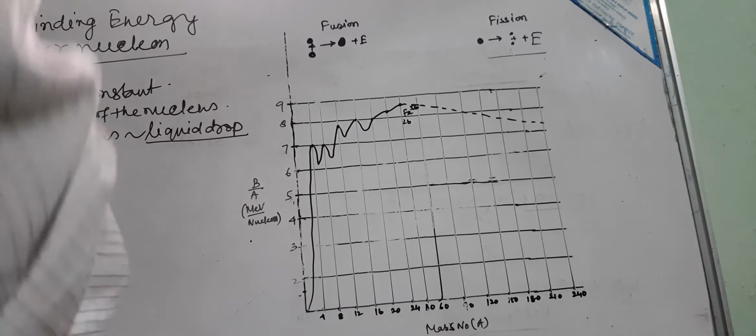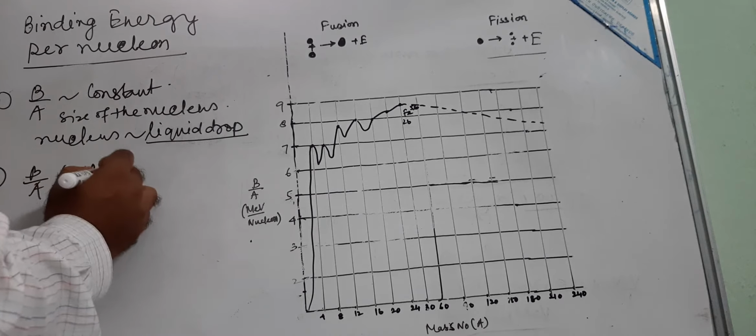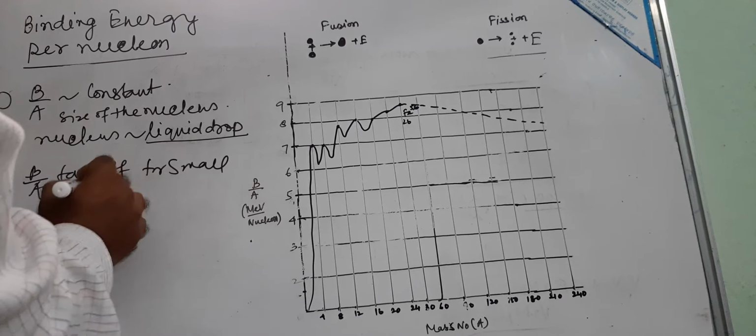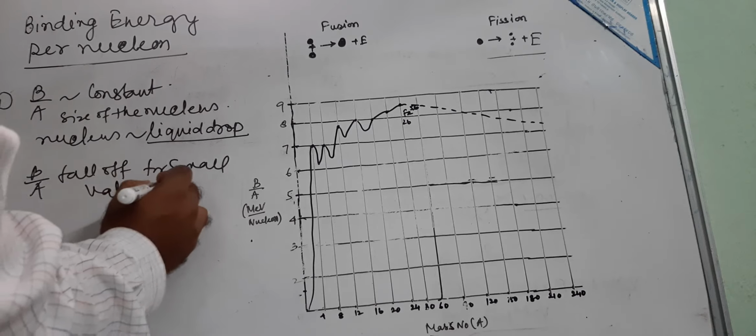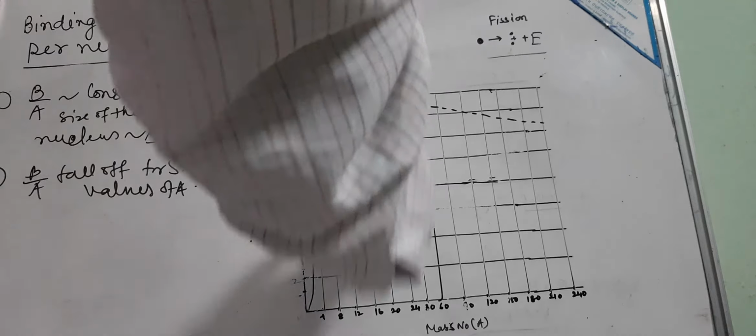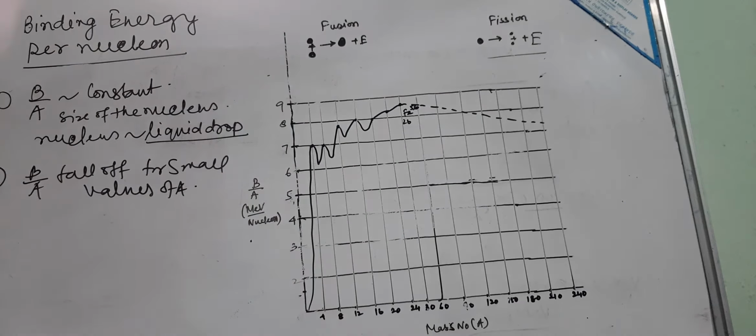So the binding energy per nucleon falls off for small values of A. These are the light nuclei, that is 4, 8, 12, 16, 20, 24, up to 4 and so on.